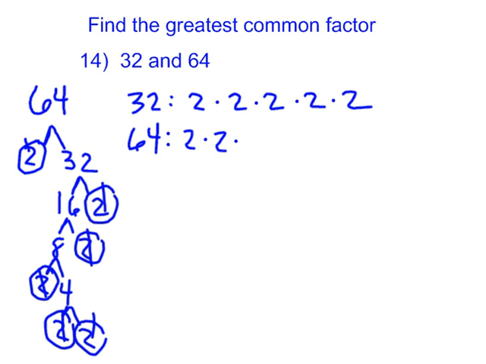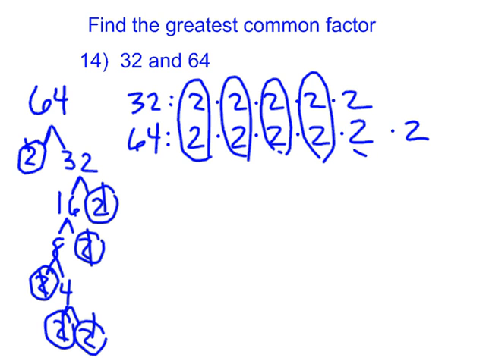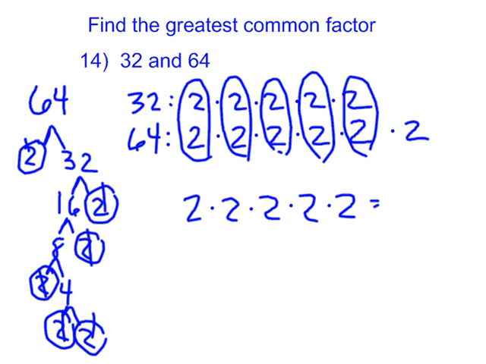And now, to find the greatest common factor, we look at the number of sets that are shared. So we have 1, 2, 3, 4, 5 sets that are shared. And if we do 2 times 2 times 2 times 2 times 2, it equals 32. And so the greatest common factor is 32.